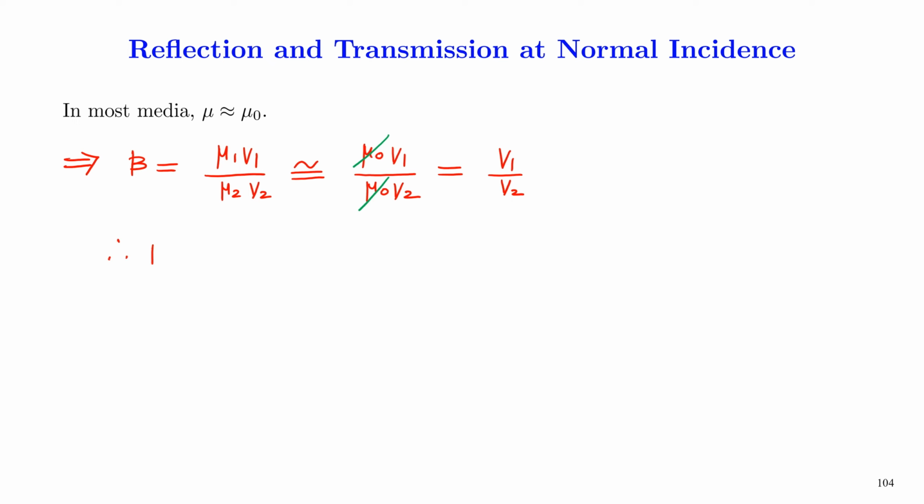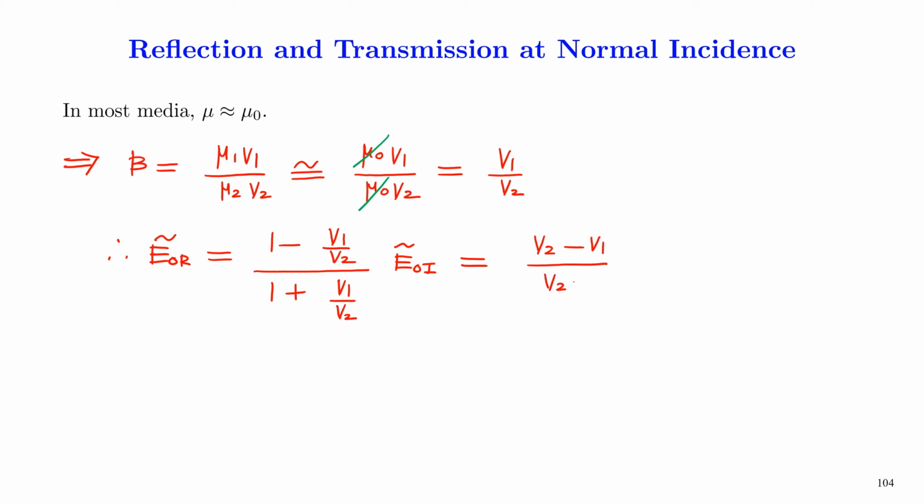Therefore, E0R is equal to 1 minus V1 over V2 divided by 1 plus V1 over V2 times E0I, and this is equal to V2 minus V1 over V2 plus V1 multiplied by E0I.